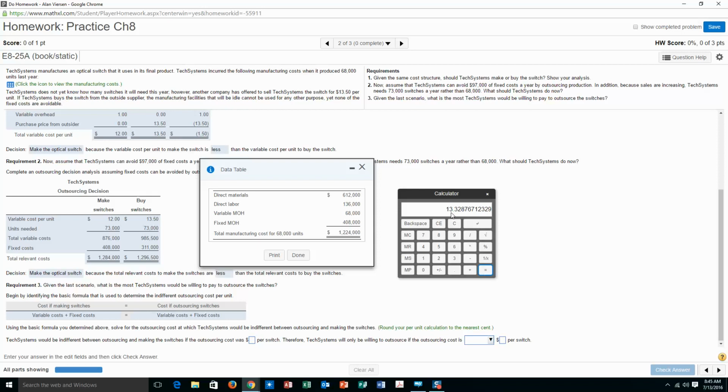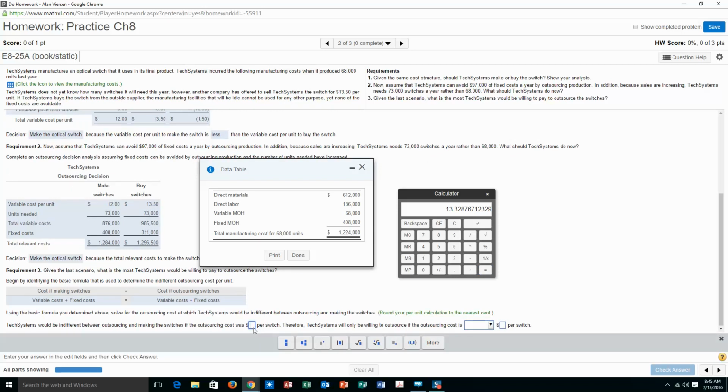Okay, so the closest I can come to showing you how to do this is by simply matching up this 1,284,000 equal to 311,000 plus 73,000x. So that comes down to this amount. And so the cost per switch would be $13.